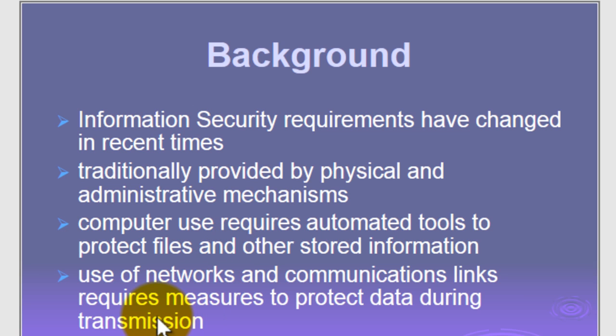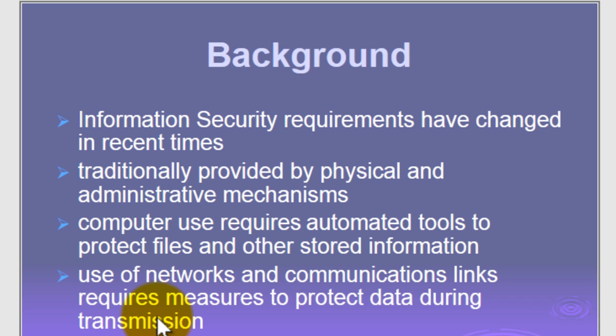In earlier days we used computers only for personal use and for specific organizations. There was no network connection between the computers, so protecting one system was not a big task. But nowadays networks have been developed very sophisticatedly, so you need to protect your system in the network.